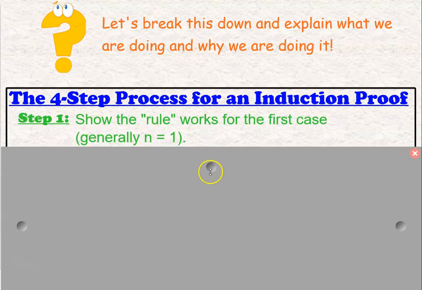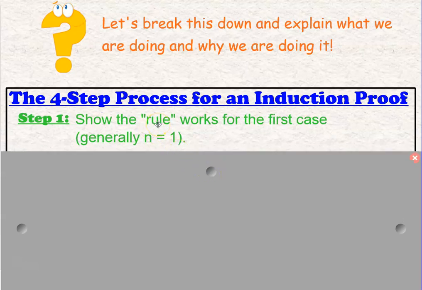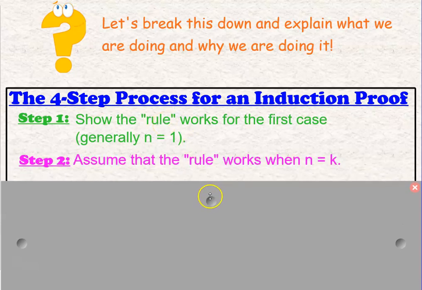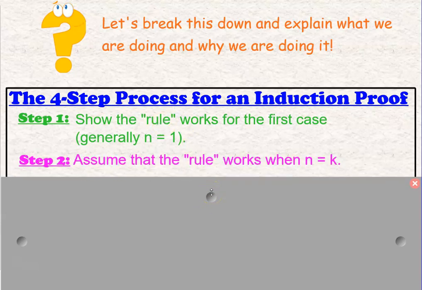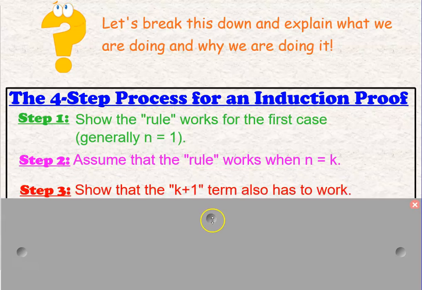Step 1, show that the rule, whatever it is you're trying to prove, works for the very first case. Generally, n equals 1. Step 2, just assume the rule is going to work at some eventual case where n is just some integer later on, k. And this will make sense when we look at an example.